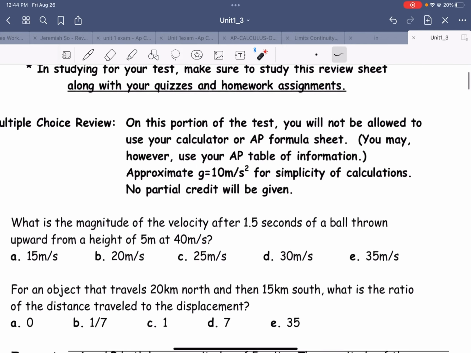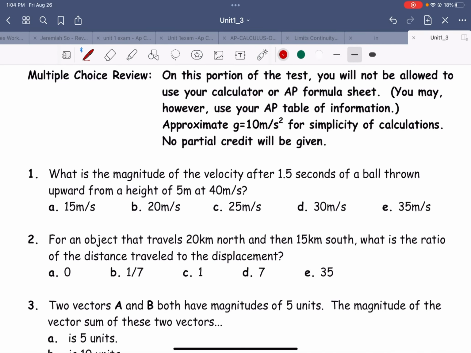Let's start here. Okay, number one, what is the magnitude of the velocity after 1.5 seconds of a ball thrown upward from a height of 5 meters at 40 meters per second? So the formula you're gonna use is v final equals initial velocity plus acceleration times time. Okay, and what they gave you is initial velocity is 40.